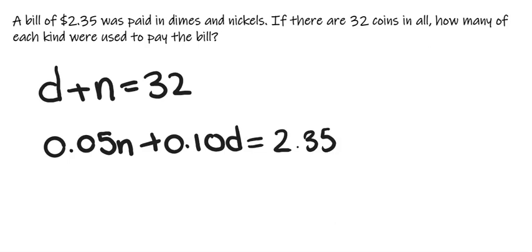Now we can rearrange the first equation to get the value of any variable. We can get the value of D and N, but let's find the value of D. To find the value of D, we'll need to move positive N onto the other side of the equation.